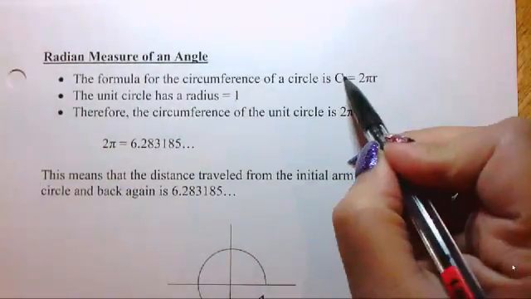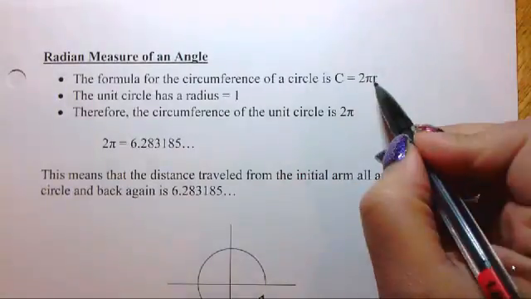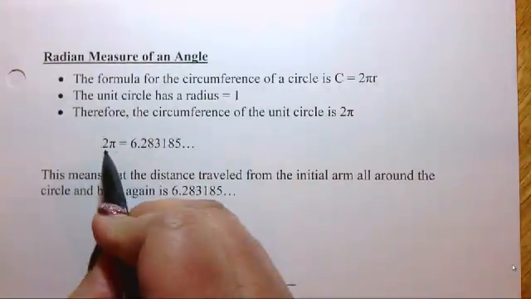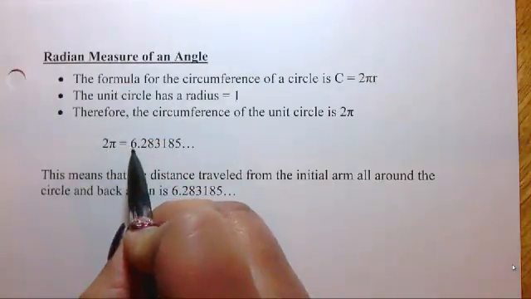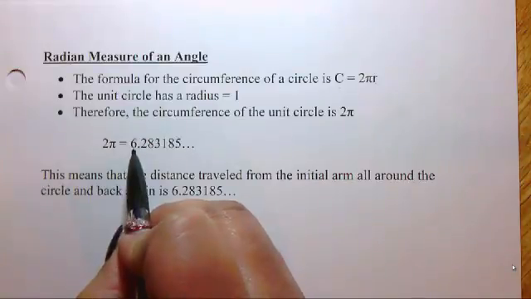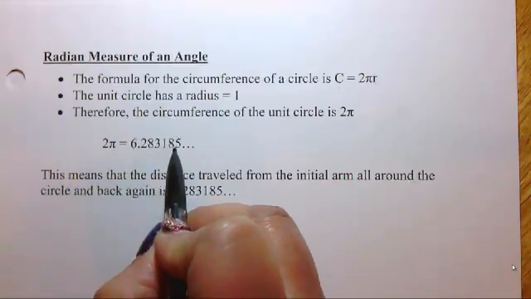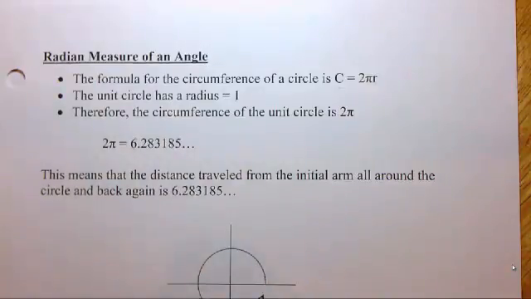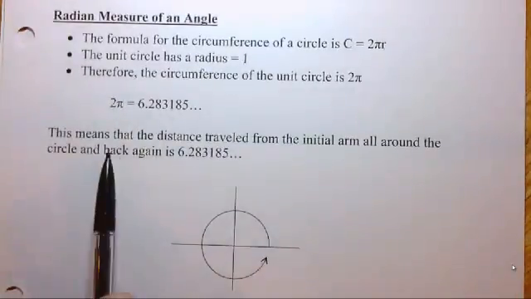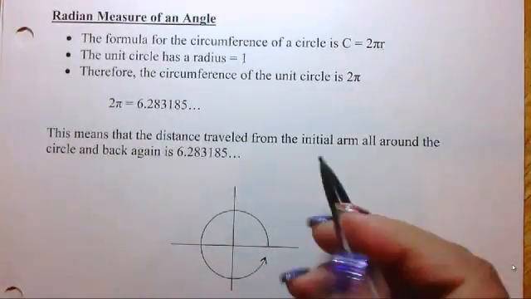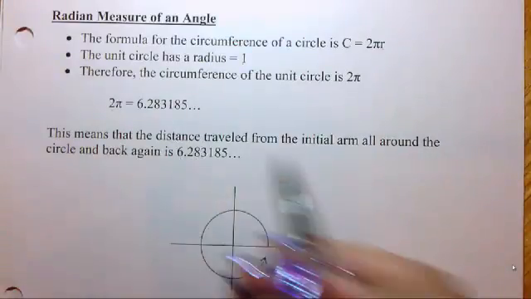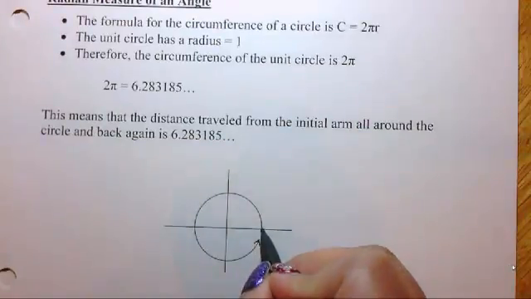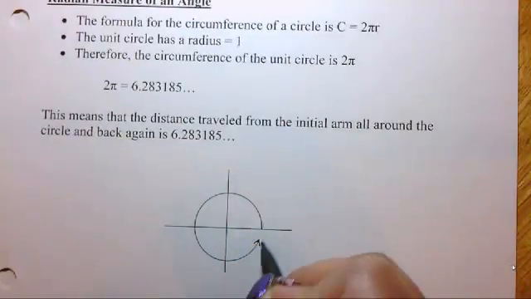If I were to figure out the circumference of a circle with radius 1, then my circumference is going to be 2 pi, or if we want to estimate the number, it would be somewhere around 6.283185, and I don't know how many numbers of pi you know, but you would just double it and go from there. So this means that the distance traveled from the initial arm all around the circle and back again is 6.283185. So that's from here and all the way here.